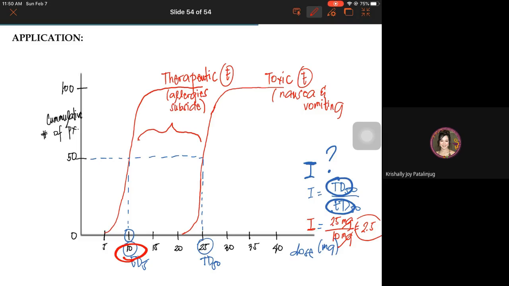If ang drug na 'yan may narrow therapeutic index, konting change lang sa dose, meron nang probable na side effects, adverse effects, or harmful effects. Alright? So, this is how we apply the quantal dose curve. Again, in a quantal dose response graph, it only plots the rate of an outcome occurrence in a group of population against that drug dose. Alright?